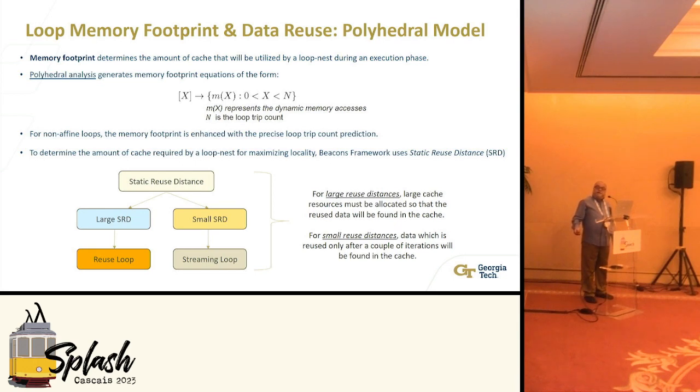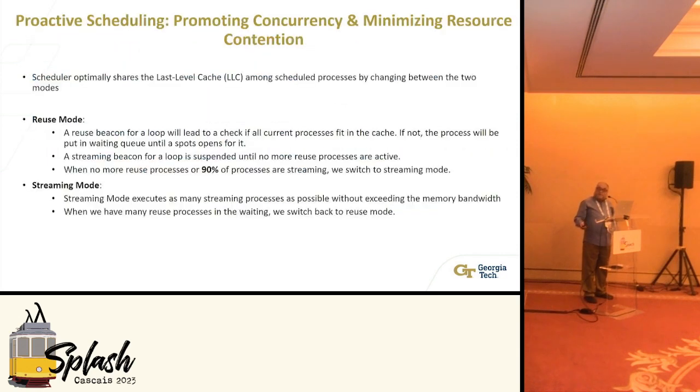If it's a small one, we don't care because it's a streaming loop. If it's a large one, if there's a very large loop sitting in between two references which may have reuse, we will have an issue in terms of losing that cache locality. And so we classify the inner loops into reuse loops and streaming loops by using this.